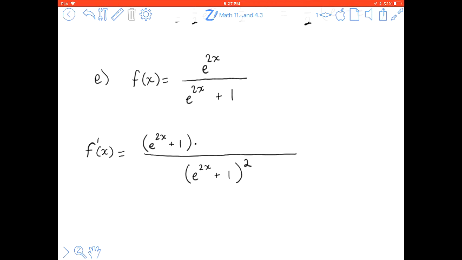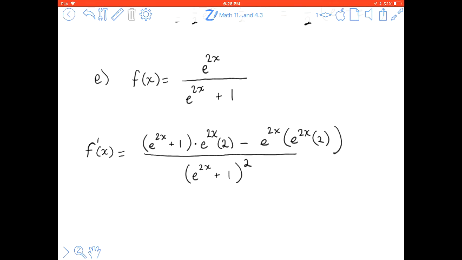The derivative of e to the 2x is e to the 2x, but since we have an inside function, we do a chain rule, so it's multiplied by the derivative of that, minus the top function multiplied by the derivative of the bottom function. And since it has multiple terms, we think about the derivative of each term. Now the derivative of e to the 2x is e to the 2x, but since it has an inside function, which is the 2x, we multiply it by the derivative of that inside function. The derivative of 2x is 2. And then the derivative of 1 is just 0.